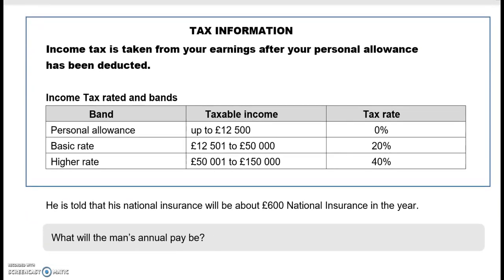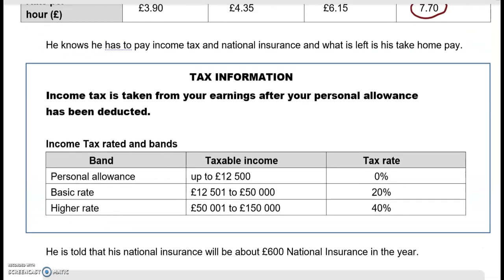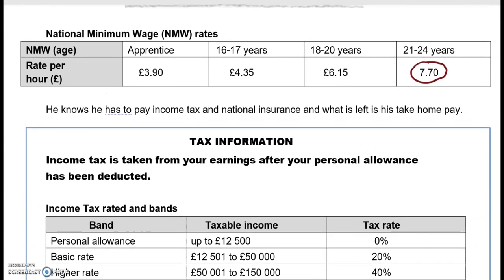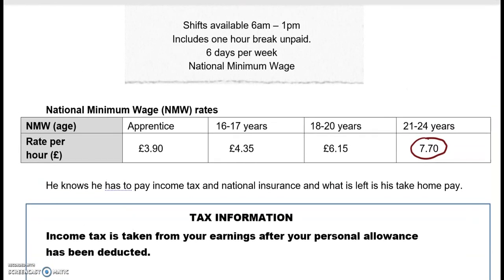So first of all, we'll need to find out how much he will be paid per year. So he's going to be working from 6 a.m. to 1 p.m, which is 7 hours, but that includes 1 hour break unpaid. So that is 6 hours that he's being paid for in a day, and it's 6 days per week. So 6 times 6, that is 36.